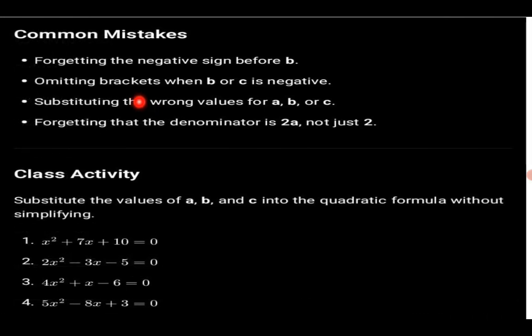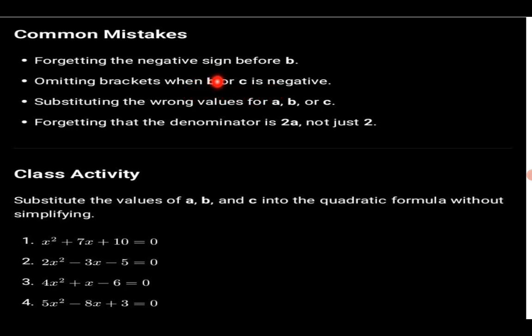Common mistakes that candidates make in an exam include forgetting the negative sign before B. They leave it out. Once you do that, it will change the solution completely. So that's mistake number 1. So don't forget the negative sign before the B. Another mistake is omitting brackets when B or C is negative.